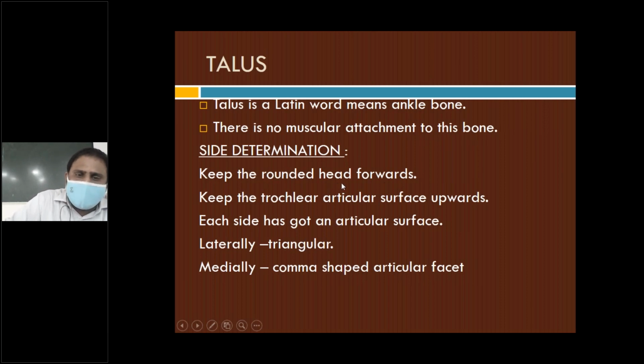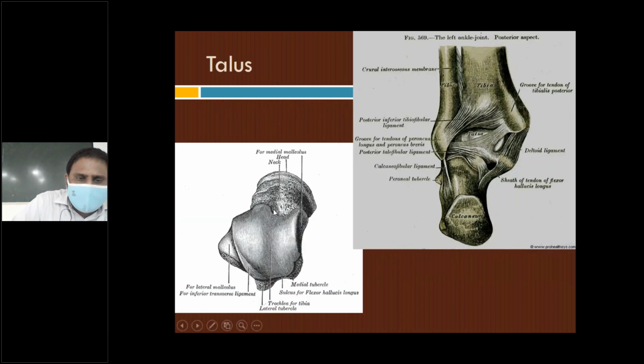Keep the rounded head forwards and keep the trochlear articular surface upwards. Each side has an articular surface: laterally triangular, medially comma shaped. It has a smooth surface anteriorly, and consists of head, neck and body.